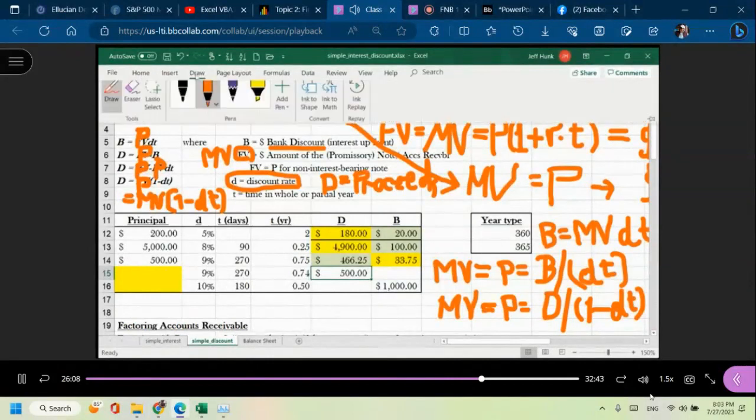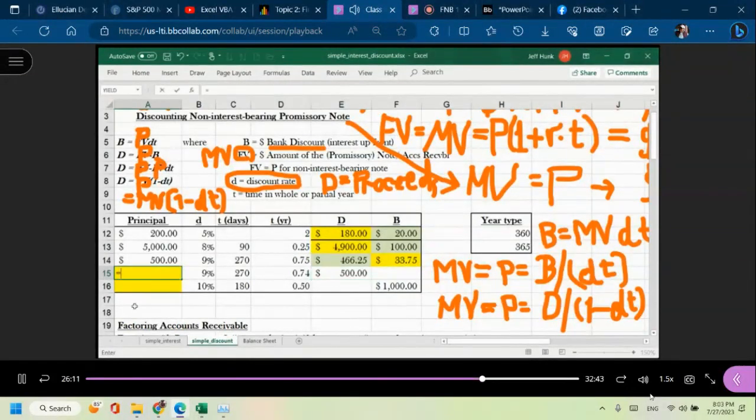All right, so what is the principal? D over 1 minus D times T, okay? And then what about this? You cannot just drag it down because the input variables are different, right?